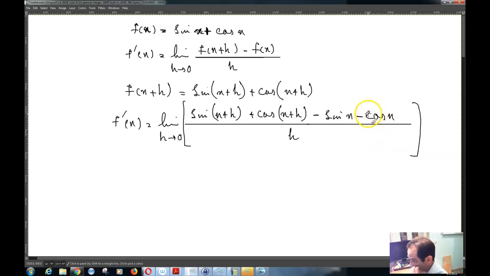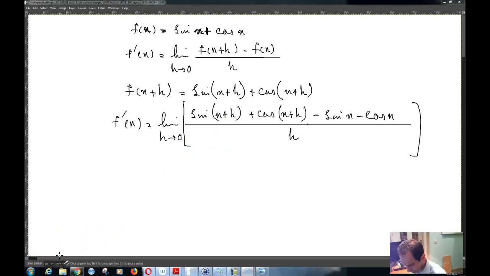Now we do need to take care of this in 2 steps, I suppose, or in 3 steps. Let's see.